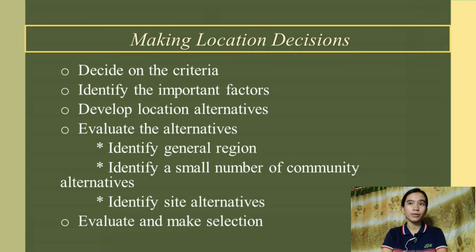Identify the important factors, which are factors that can affect the process or the survival and growth of the company in the future. Third is to develop location alternatives, wherein this includes alternatives that are available in case an unforeseen event takes place. Next is to evaluate the alternatives, and finally, make the selection and decision.